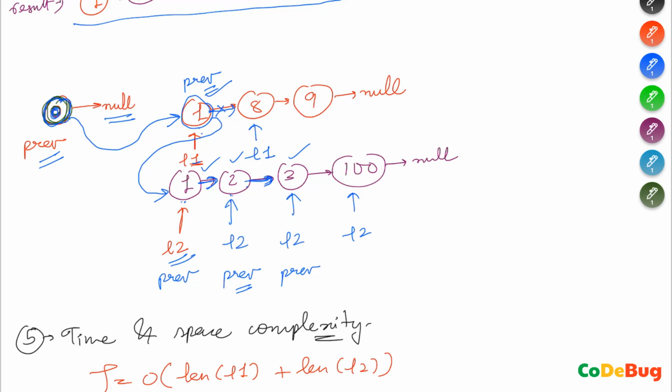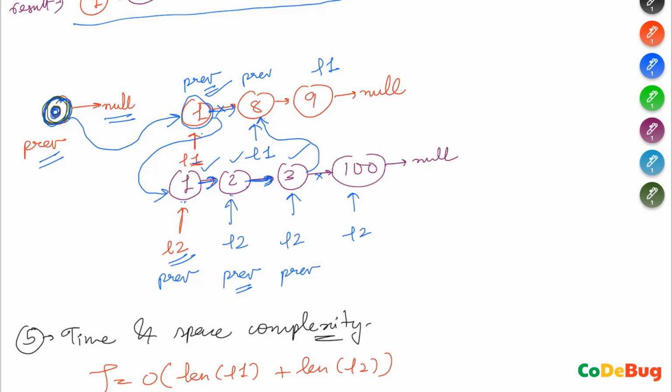Now between these two, L1 value is less than L2 value. So this next pointer we have to update to L1. Previous dot next will point to L1, L1 will move forward, and then previous has to be updated to this node.